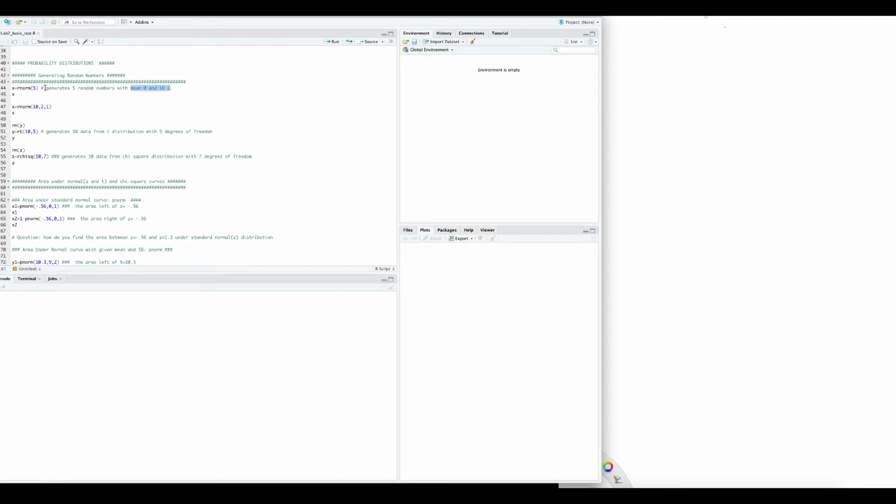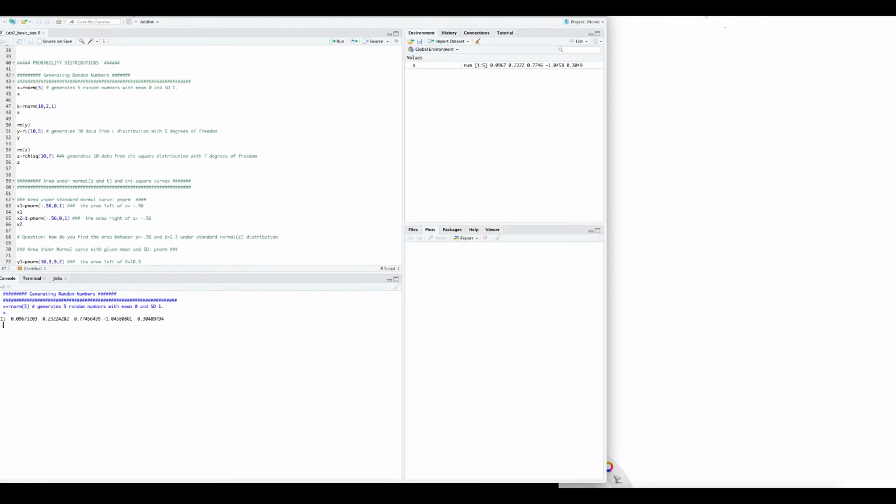If you write a variable x equals this, it doesn't show any output, but if you want to see the output, you need to type x and then run. Or you can type x here too, it's the same thing.